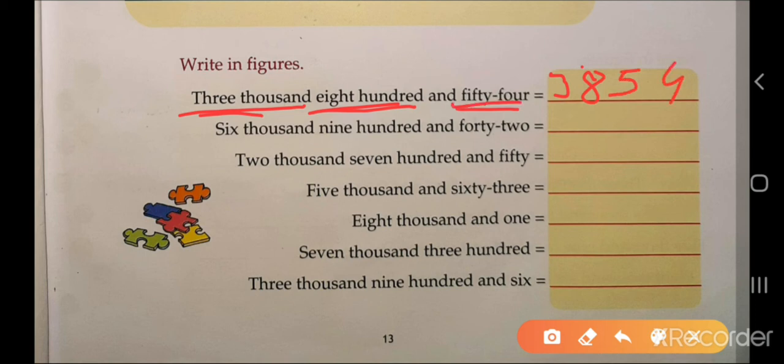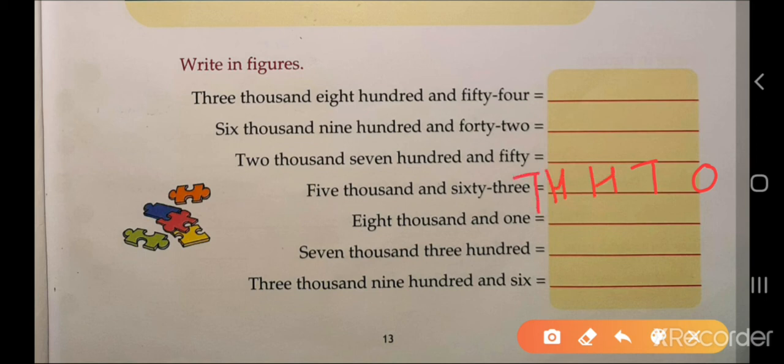This will be in this way. Okay, again 6,000. And there is one more simple way to write this number name in figures: write the place values ones, tens, hundreds and thousands. Okay, and after this you will get a number.